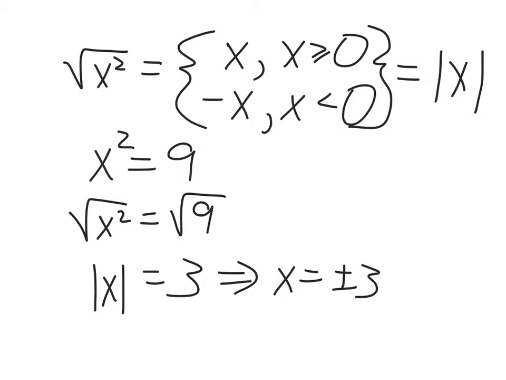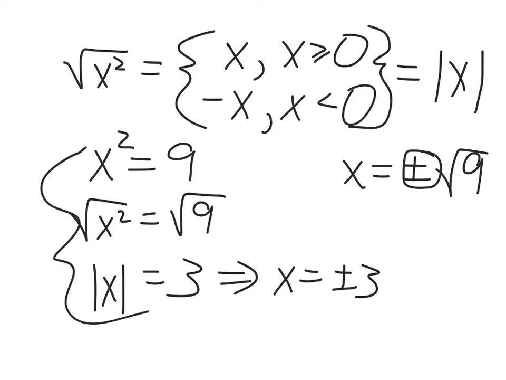So instead of going through that entire process all the time, we usually just use the shortcut: we'll throw the plus or minus in there and then the square root as well. This comes from this process right here, and we end up with x is both positive 3 and negative 3. Okay? Questions?